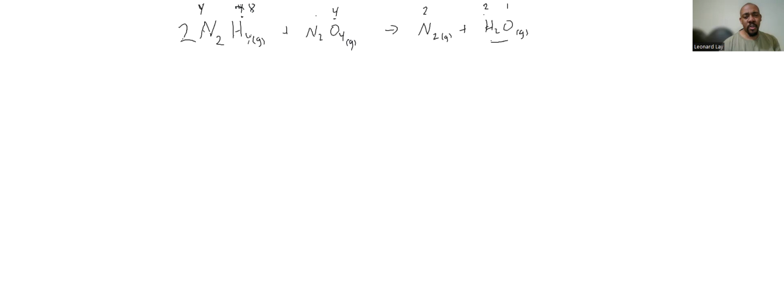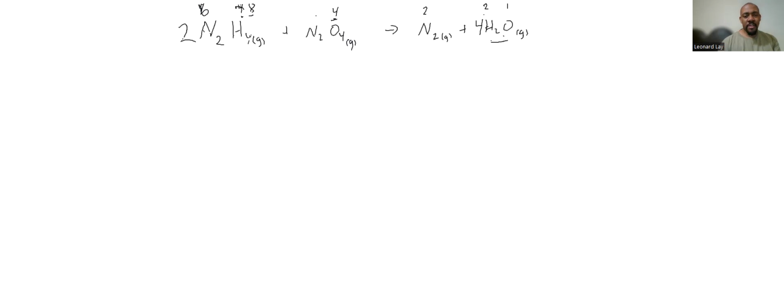So we have a total of 6 nitrogens. But now, if we have 8 hydrogens and we have 4 oxygens, how many water molecules does that give us? That's right. That's 4.